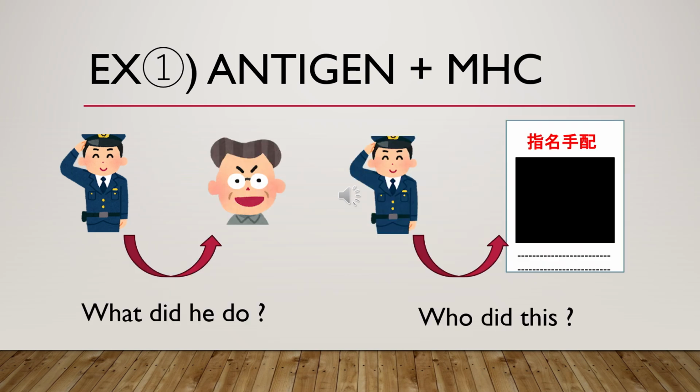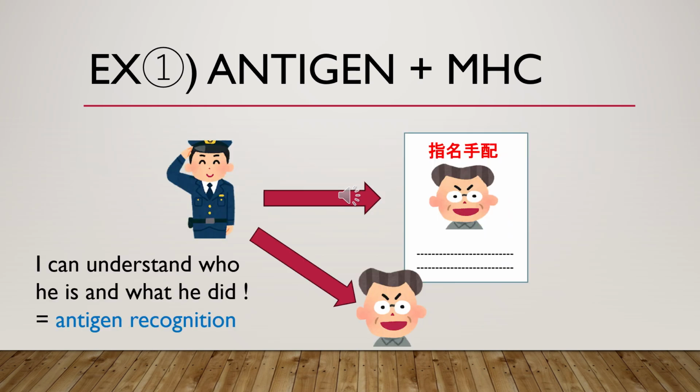T cells cannot react to antigen alone, and they cannot react to MHC alone. Only when antigen and MHC are together can T cells recognize and respond. This combination gives T cells the full information they need to respond.